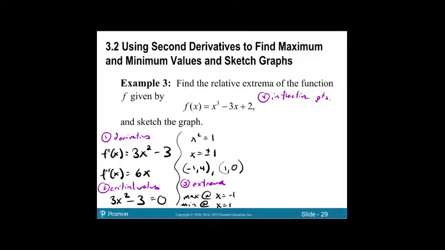So then 6x equal to 0, so x will be 0. So point of inflection should occur when x is 0. And I think that's going to give us the y-intercept, which is going to be 2. All we did, we set the second derivative to 0 and solved. We got x equals 0. Then the corresponding y when x is 0 is 2, right?